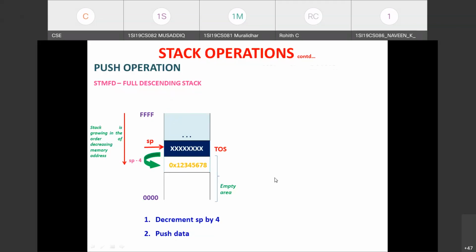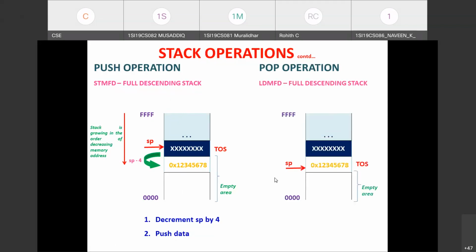Coming to the pop operation, that is the LDMFD instruction. This is the status of the stack where SP is pointing to the last element inserted since it is a full stack. Now I need to perform the pop operation. So first pop the data, then increment the stack pointer.